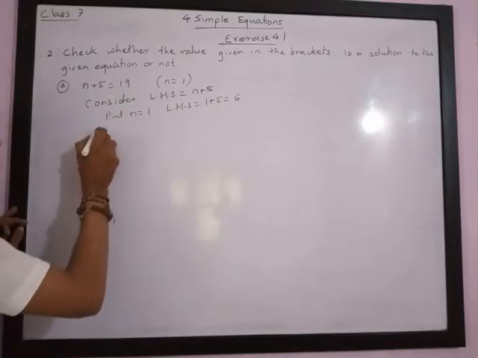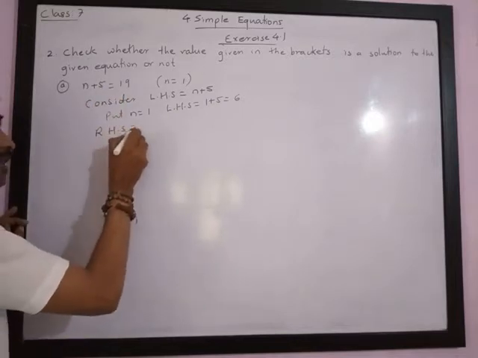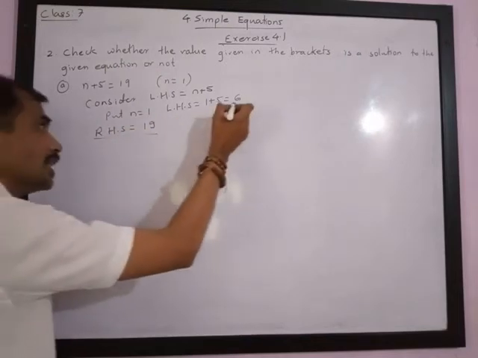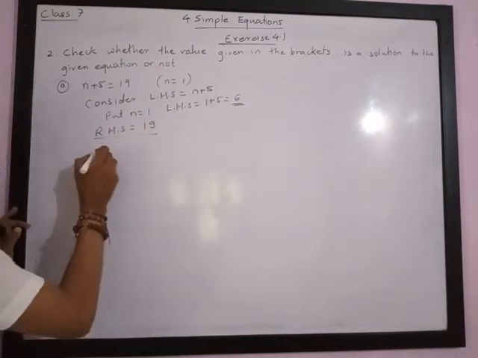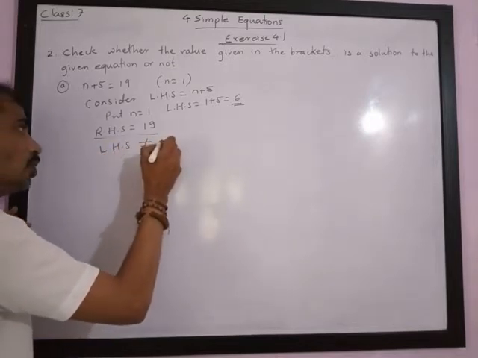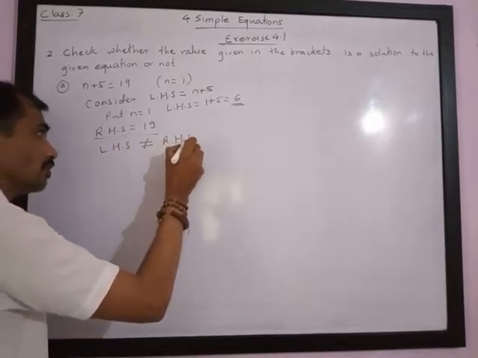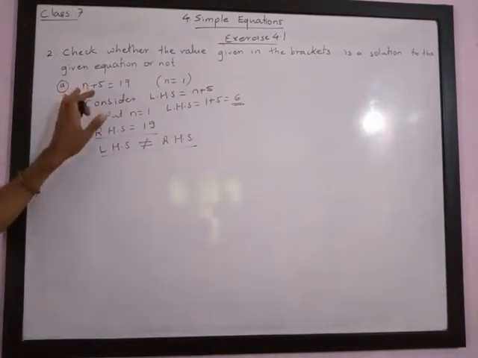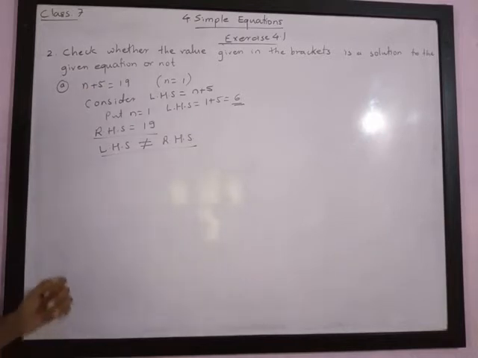Now RHS, that is the right hand side of the equation, is 19. Please note LHS is 6 and RHS is 19. So left hand side of the equation is not equal to right hand side of the equation. Hence n is equal to 1 is not the solution of the given equation.